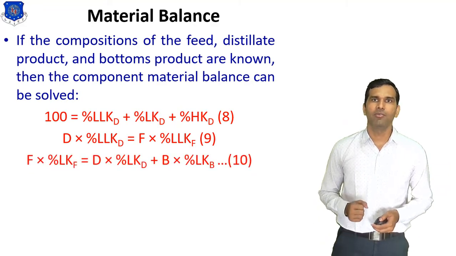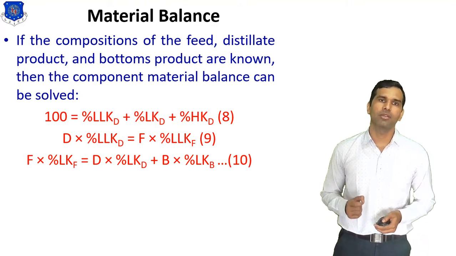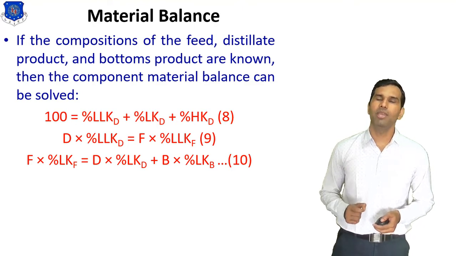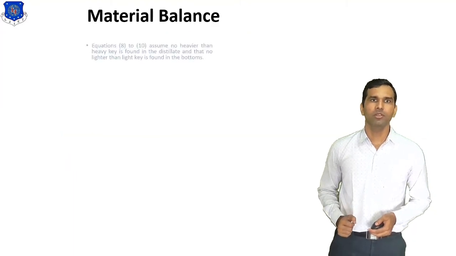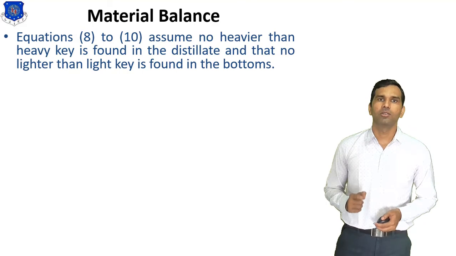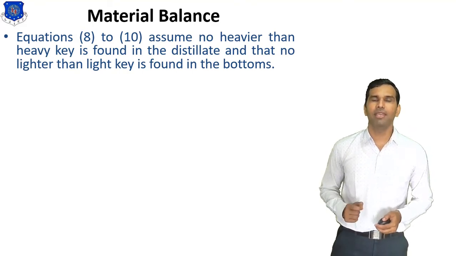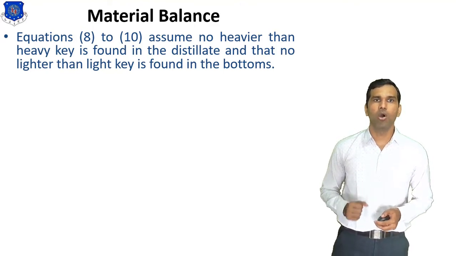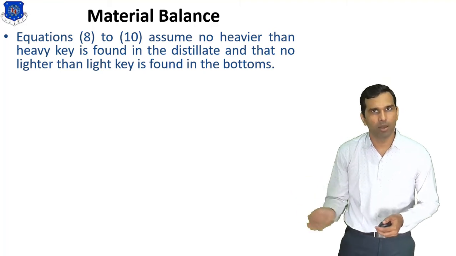And finally we can write F times %LKF is equal to D times %LKD plus B times %LKB. Equations 8 and 10 assume that no heavier than heavy key is found in the distillate and that no lighter than light key is found in the bottom.